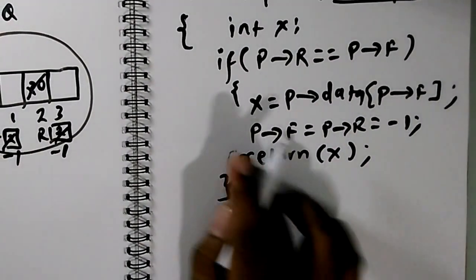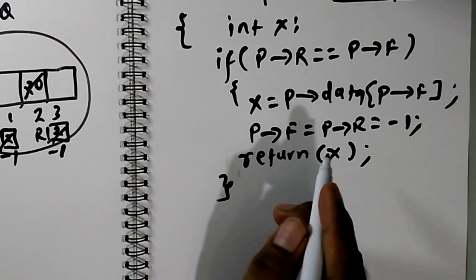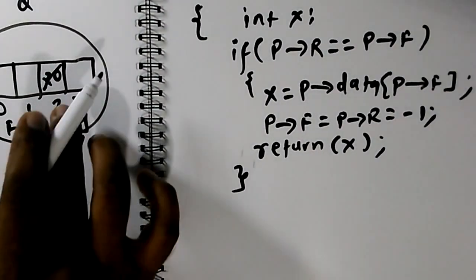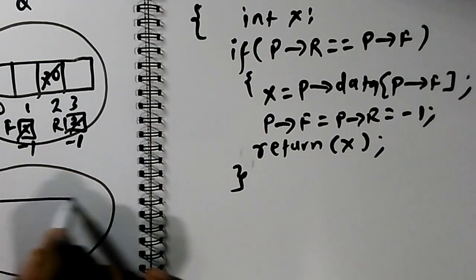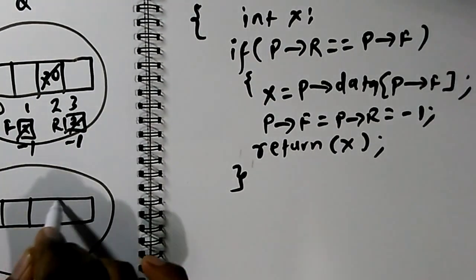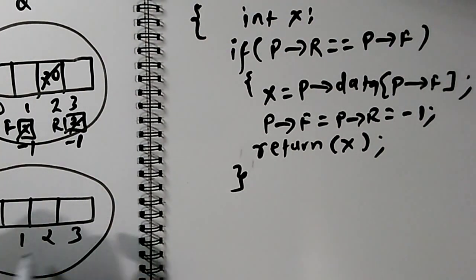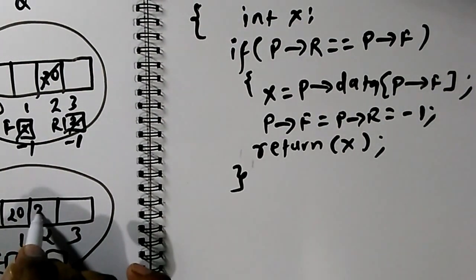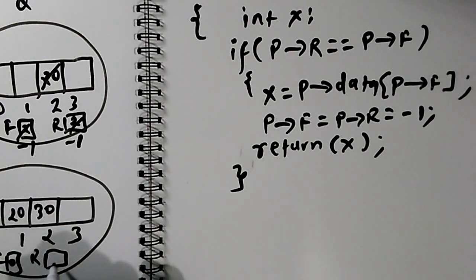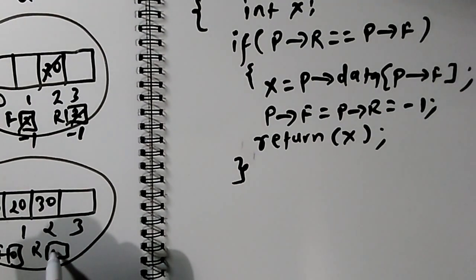So now if there are multiple values in the queue like this, the queue is like this. So F is 0 in this case, R is 2.